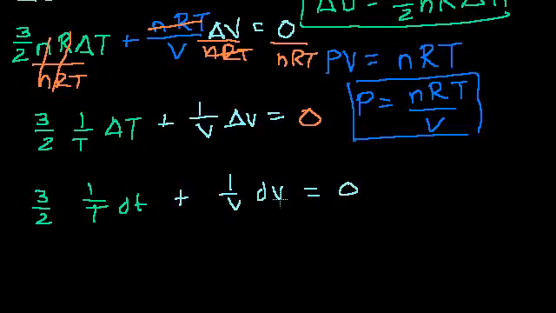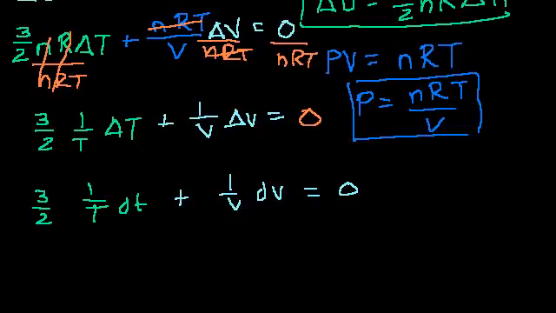Remember, dV just means a very, very small change in volume. And dT is an infinitesimally small change in temperature. And now I want to integrate over the total change in temperature and the total change in volume.